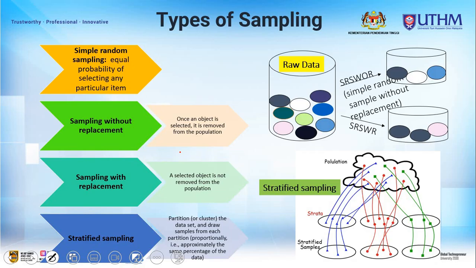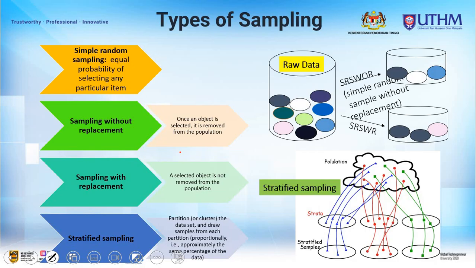Okay, on the other side we have sampling without replacement. This one prevents duplication in the sample. So once an object is selected, it is removed from the population. Okay, and sampling with replacement, this one is simpler to implement in some cases. It's useful when the population size is very large or infinite, like a continuous process.